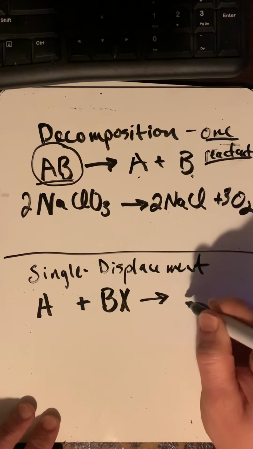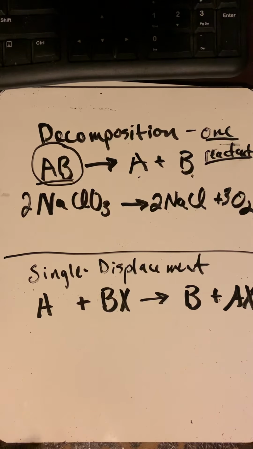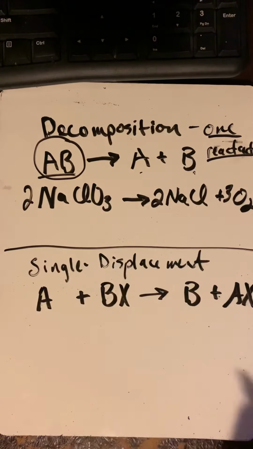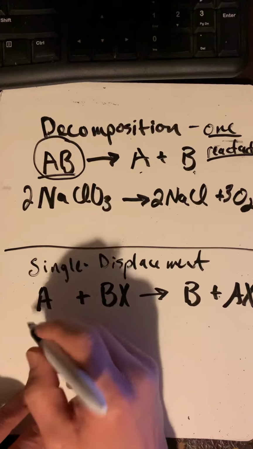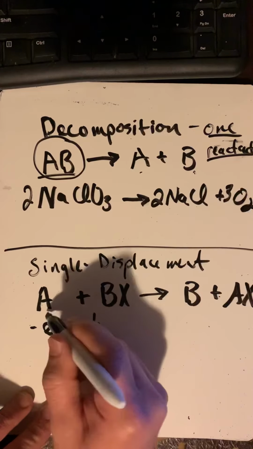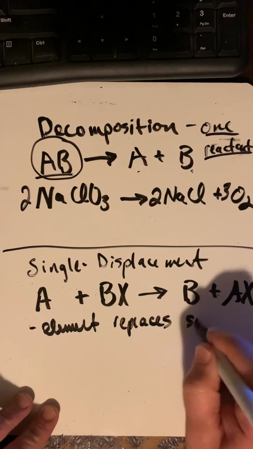So you're going to get B by itself, and A is combined with this thing over here. Okay? So again, single displacement, you have an element, something by itself, that replaces a similar element.